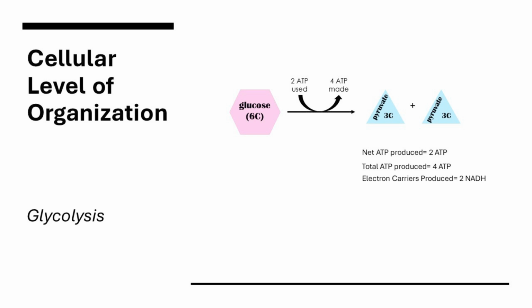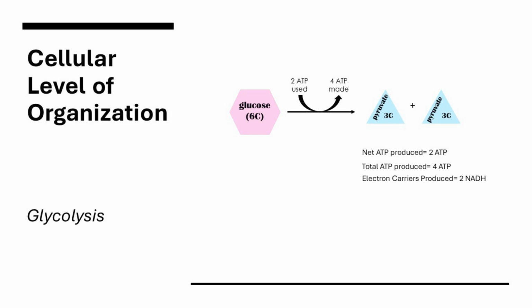That pyruvate molecule gets shuttled into the mitochondria, the powerhouses. And inside, it gets converted into something called acetyl-CoA. Think of that as the ticket to the main energy-generating show that happens next in the mitochondria. Okay, so with oxygen, pyruvate goes to the mitochondria, becomes acetyl-CoA, and then much more ATP is made later. We don't need the details now, but that's the path.